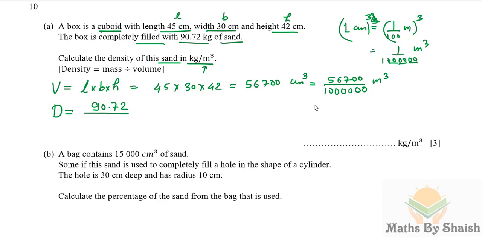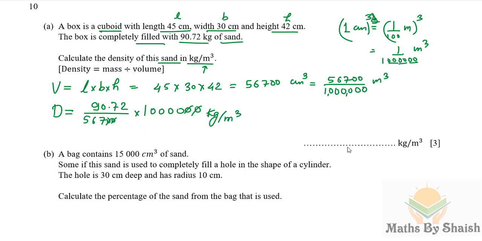Dividing by a fraction means multiplying by its reciprocal, so 56700 will come here, and this 1 million is going up. 1 2 3 4 5 6, 1 2, these two got cancelled, and we can cancel this decimal also, or we can directly calculate. This value is going to be in kilogram per meter cube.